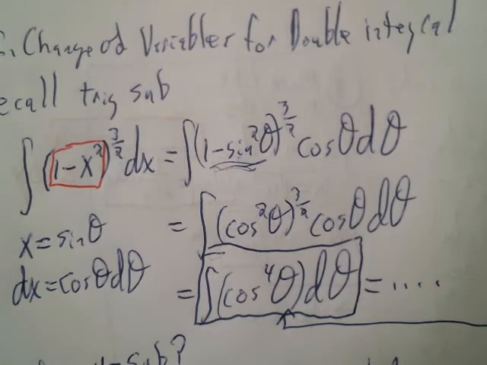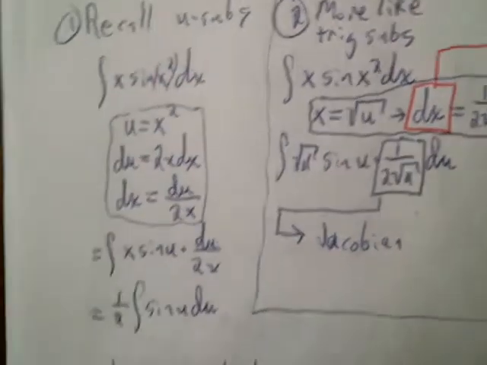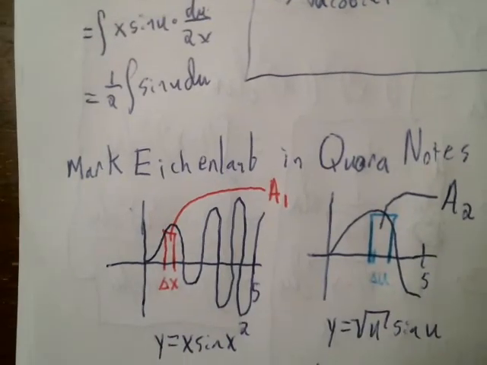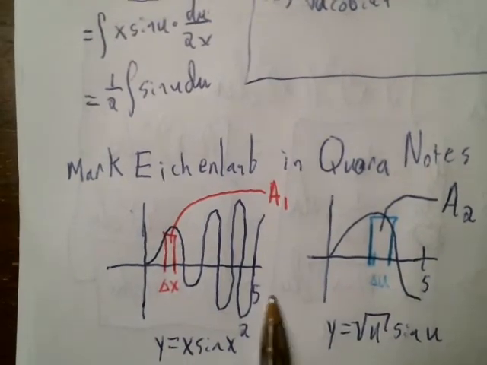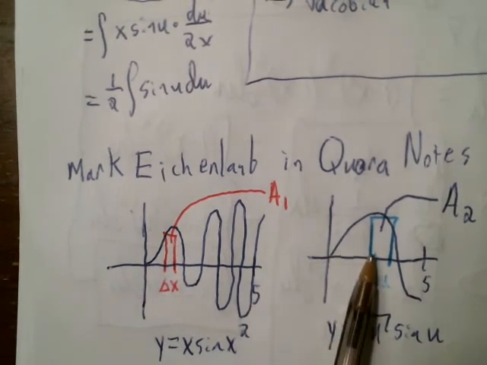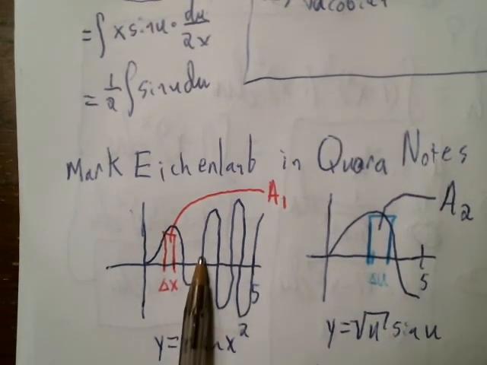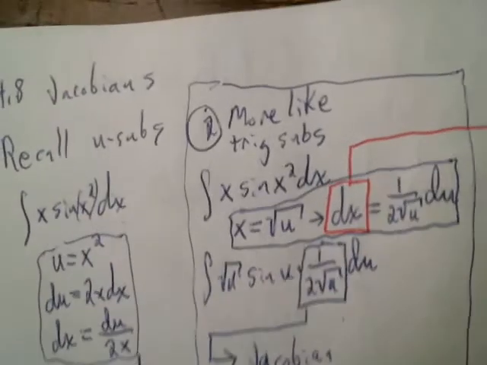So if you're a little confused as to the way they've chosen to do things, which seems a bit backwards with regards to the geometry, like in Mark Eichenlob's exploration, he does it in the forward kind of way, but the book is going to do it in a backwards kind of way. You can do it either way, is my point.